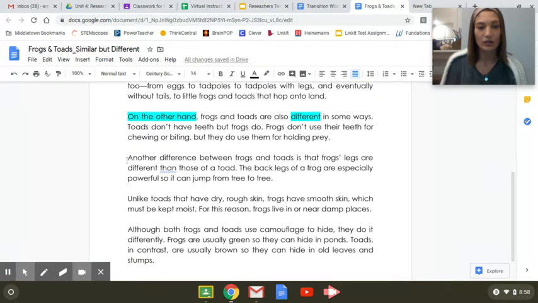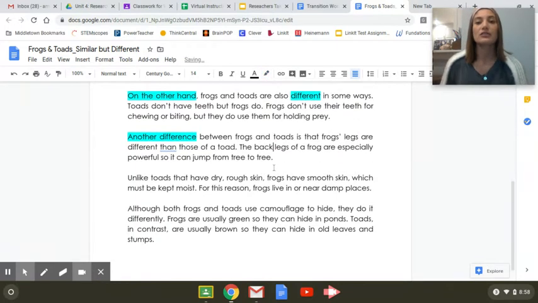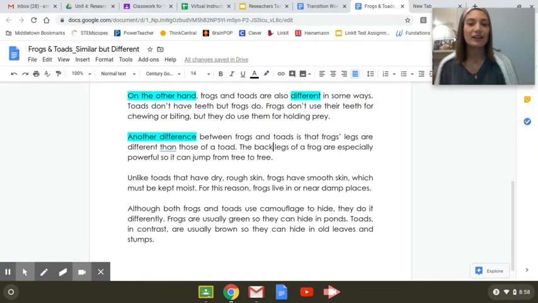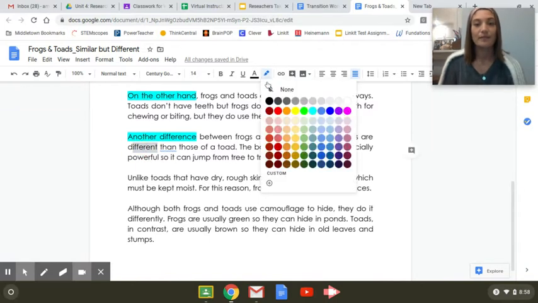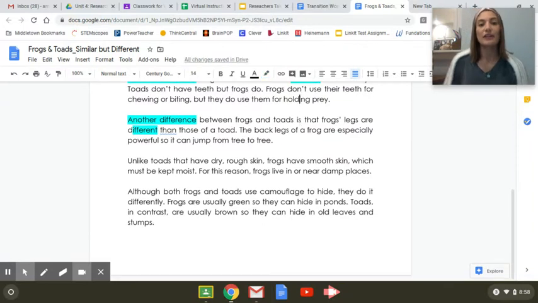Another difference, oh, look, another keyword signaling that they're contrasting between frogs and toads: frogs' legs are different, again, different, than those of a toad. The back legs of a frog are especially powerful, so they can jump from tree to tree.